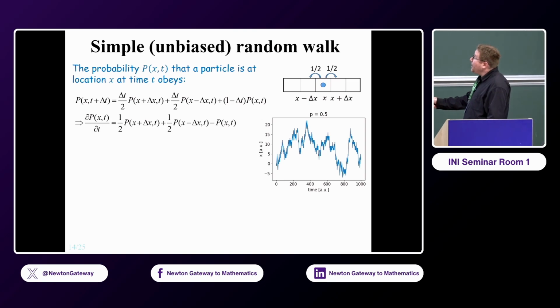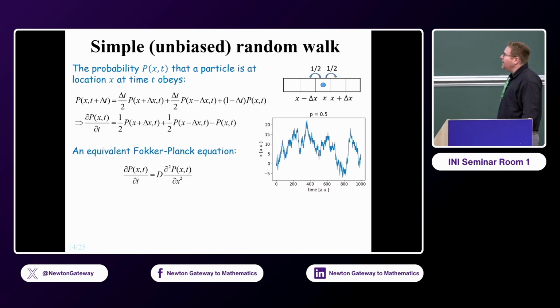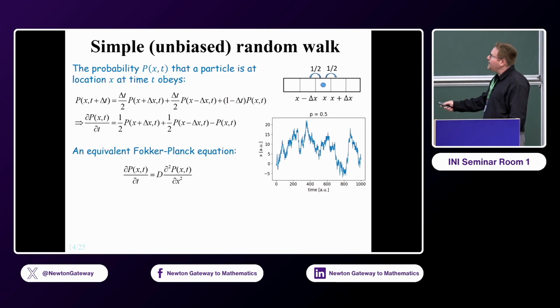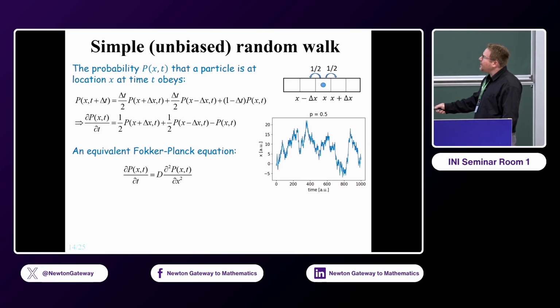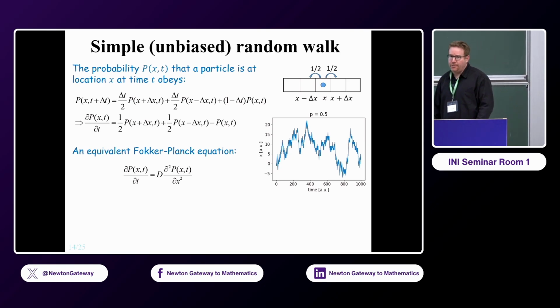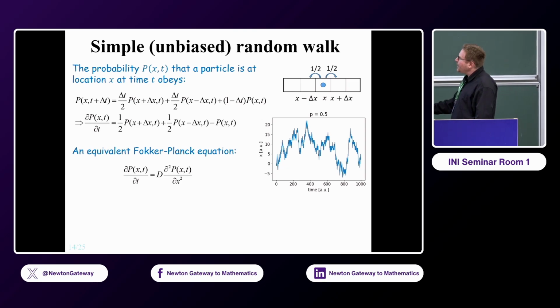So you can write down the master equation in discrete time and discrete space, and you can assume continuous time, and then you can solve this equation. You can also go to continuous space. This is very well known. D is a diffusion constant here, and it equals delta x squared divided by delta t with some constant. And you can solve this diffusion equation.